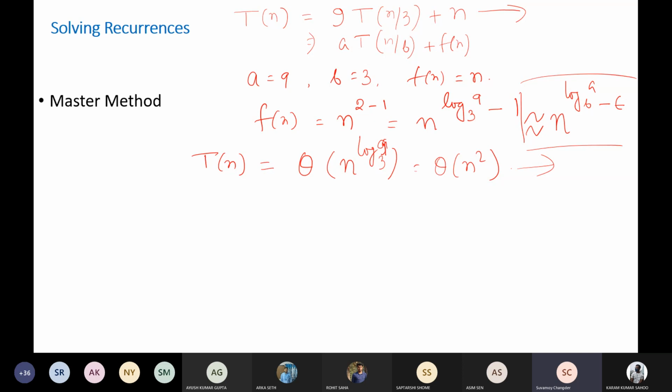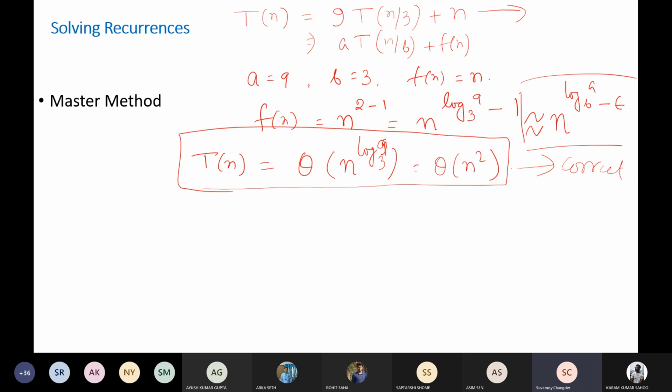Actually, we will go for proving the master method in the next class. Then you will find that the results we are getting from the master method are all correct. But for today, if you have time, I suggest that you consider theta n square as a solution and substitute this value here and check whether it is correct or not.